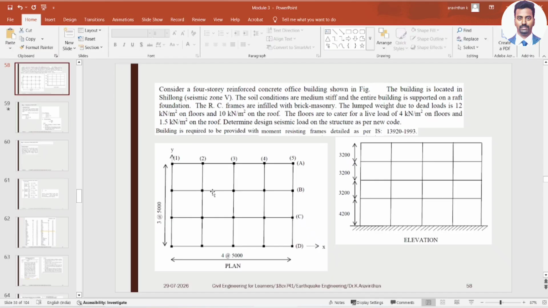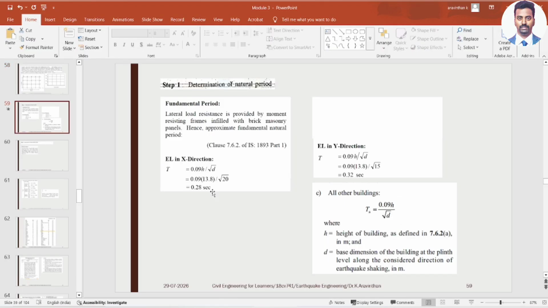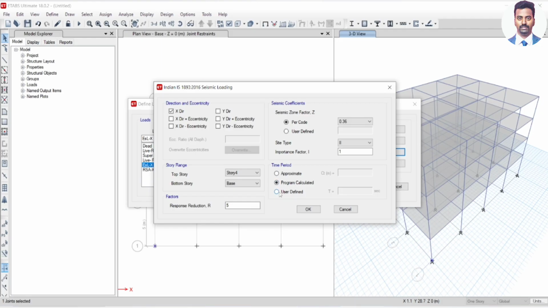Our purpose is to compare the theoretical solution with how to do the same problem in ETABS. So this problem is being solved by considering earthquake load in x direction of 0.28 seconds. So we will take user defined as 0.28 seconds.